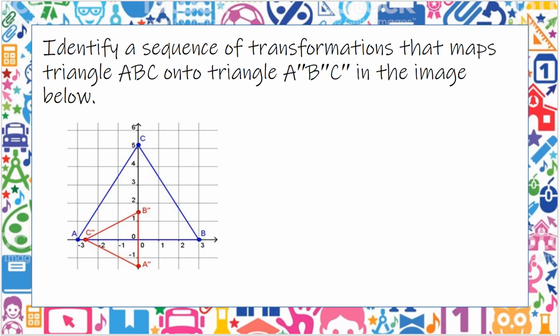Identify a sequence of transformations that maps triangle ABC onto triangle A prime prime B prime prime C prime prime in the image below. So the first thing that I notice is that we're going to have 2 transformations because there's 2 primes here. Then I notice that the red triangle, which is our image after the 2 moves are made, is a lot smaller than the big blue triangle that we started out with.